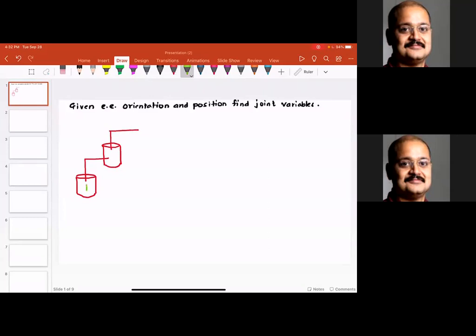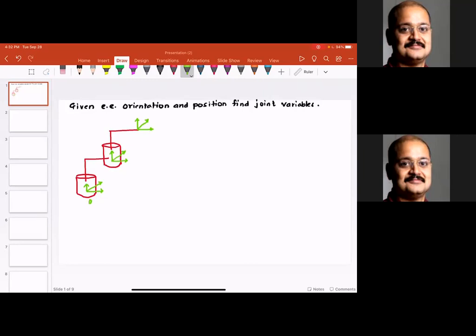So this is my 0th frame, this is my first frame, this is my second frame.